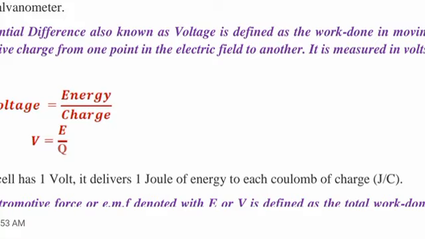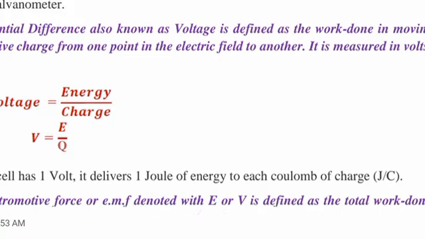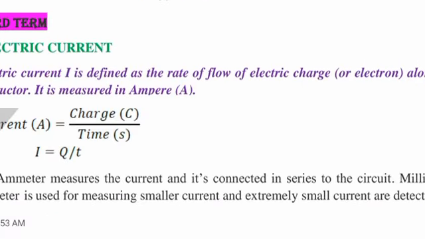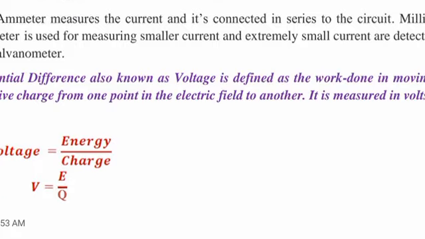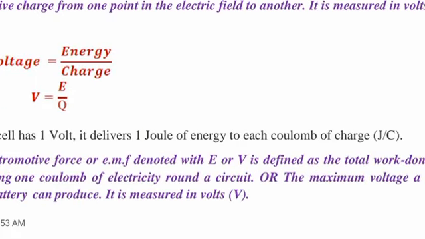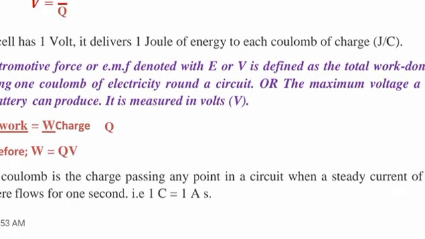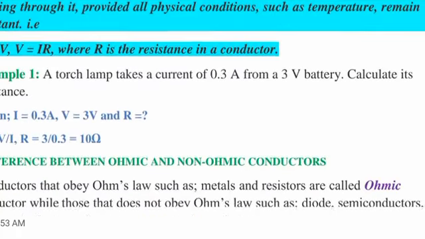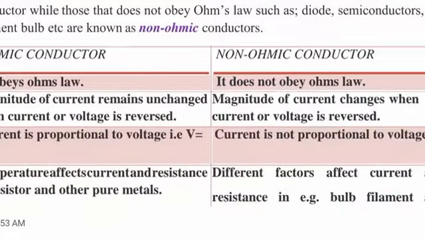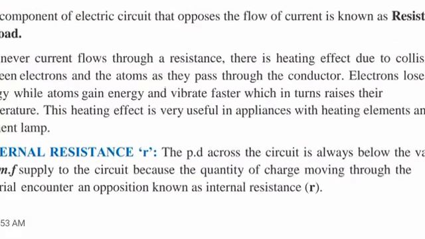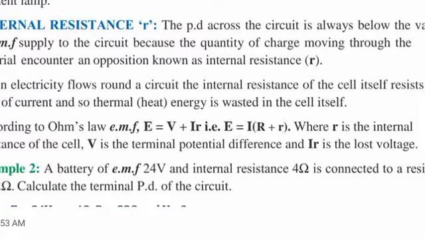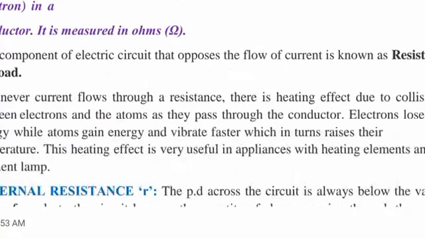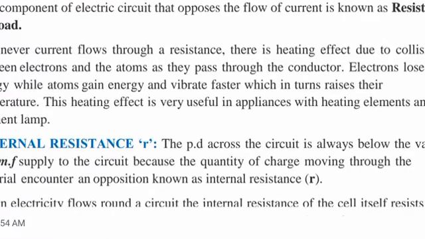You can easily go through the book and you can see the definition of a potential difference, the definition of current, and even the mathematical representation of each of these, how to calculate them using some given parameters. You can see Ohm's law also stated in the textbook and some other examples. And aside from this, we have a comprehensive explanation of internal resistance and lost voltage given here.